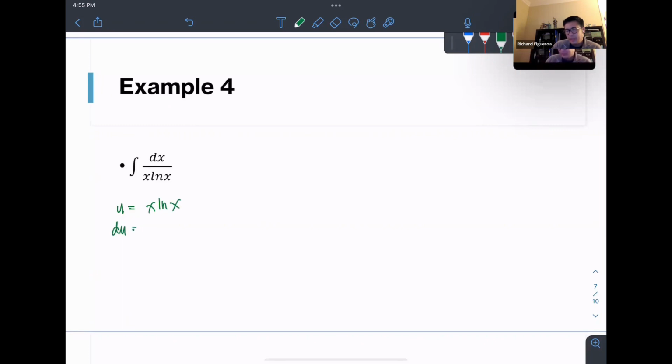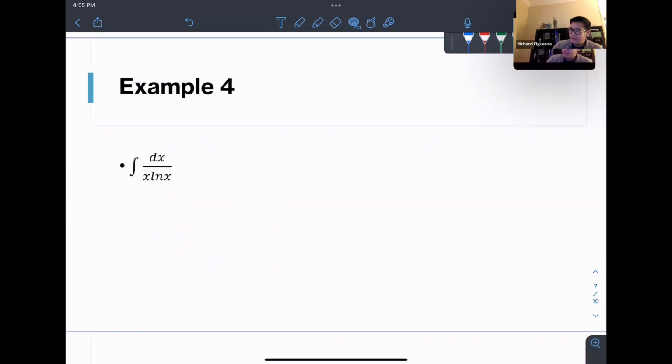If we derive that, that is the product rule: u dv plus v du. Our u is x, ln x. The derivative of ln x is 1 all over x. Then plus v ln x. So the derivative of x is 1. So that cancels, 1 plus ln x, and only dx is on top. Okay? So, that can't be done.